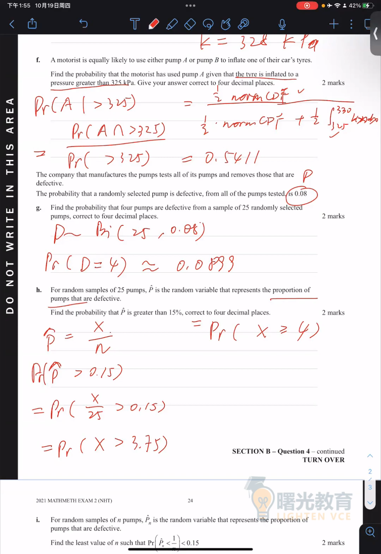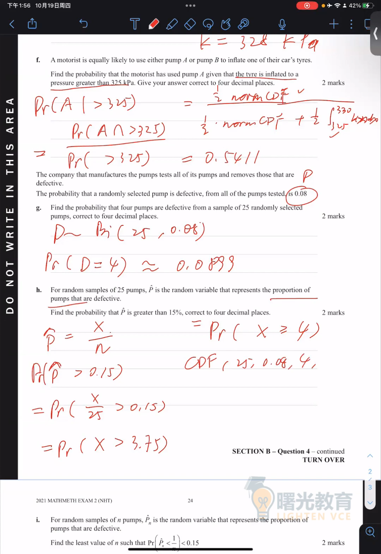Because 4 is inclusive, all right? And then, like we just mentioned a couple seconds ago, if we are not looking for the variable equal to a specific value in the binomial distribution, we should apply binomial CDF. And as we do the binomial CDF, we need a trial number 25, success 0.08, lower bound 4, and what is the upper bound?